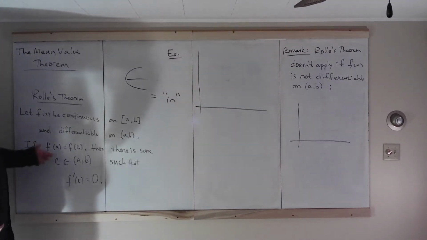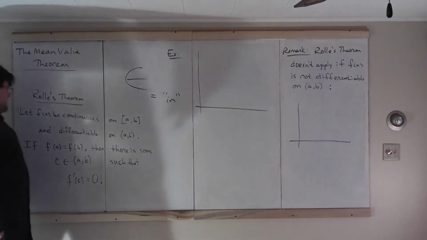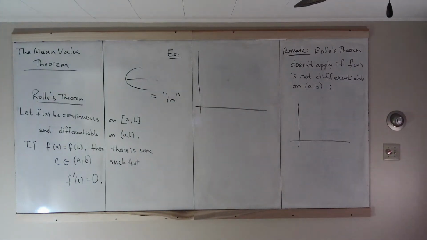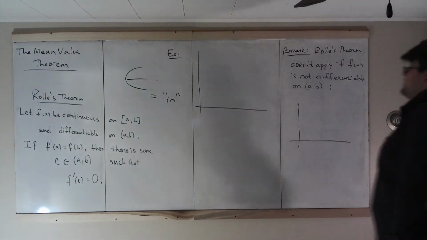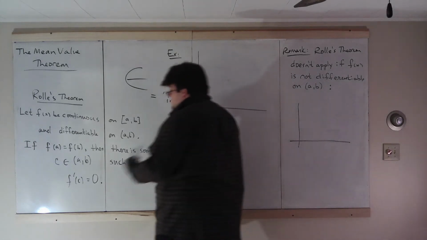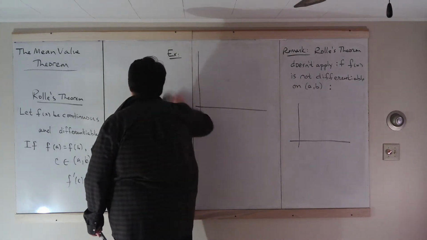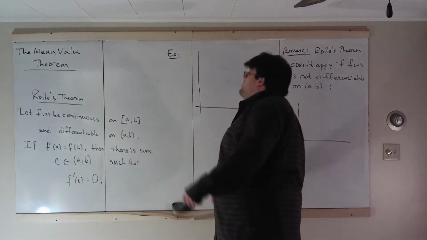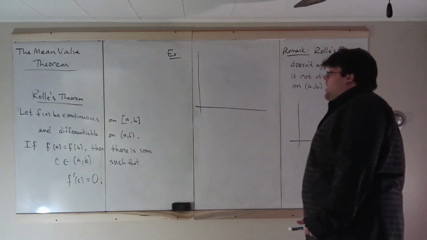So there's some c inside the open interval a to b, such that f prime of c equals 0. So the conclusion is there's a point somewhere in this interval where the derivative evaluated at c is 0. So let's see what this looks like on a graph.